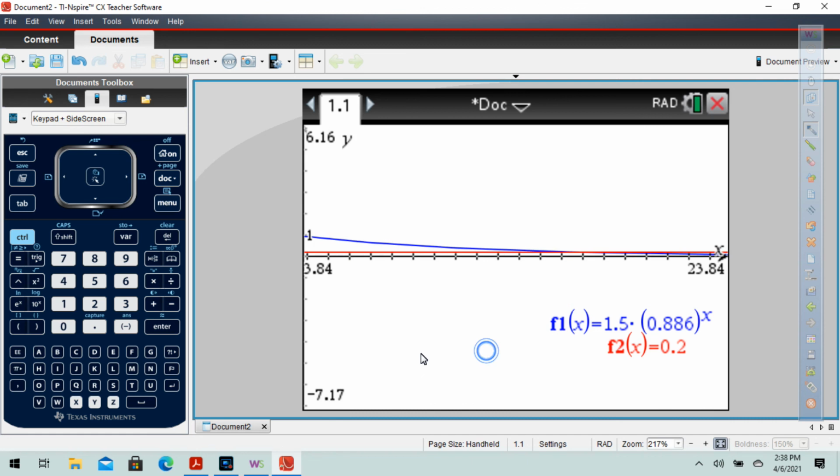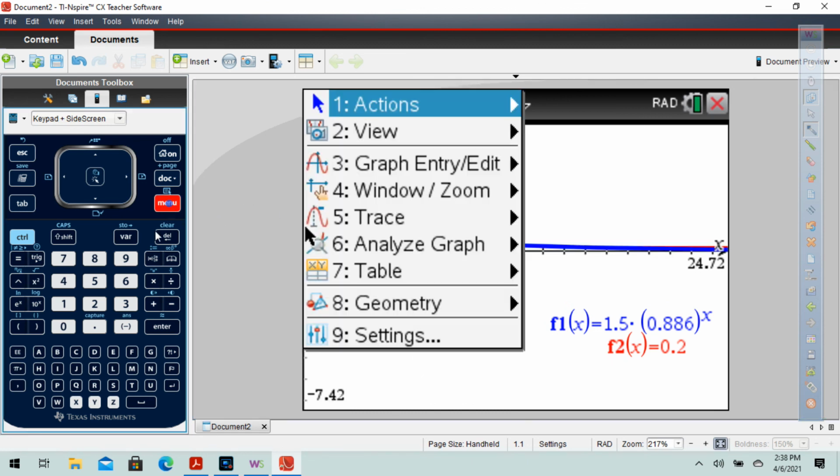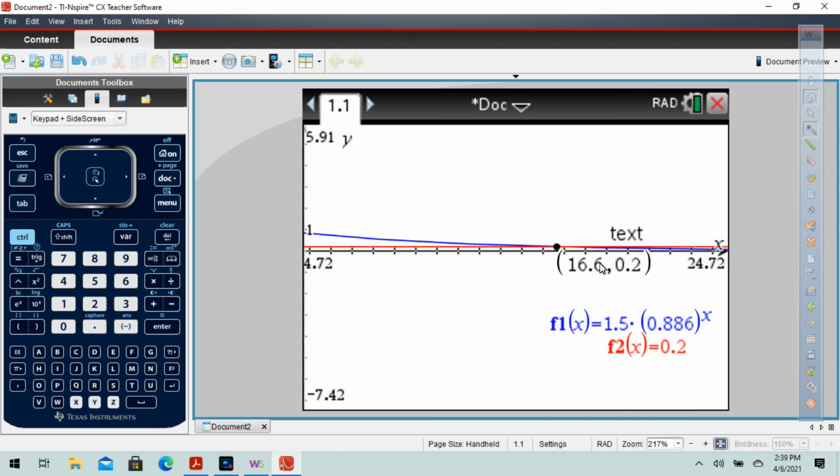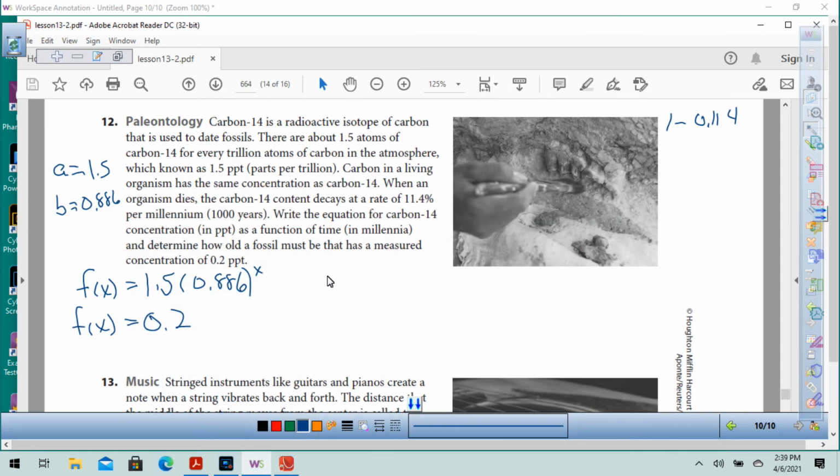And it must be in there somewhere. So we got menu 6, 4. It pops up at 16.6. Good. So x equals 16.65, to be a bit more precise. So the fossil is about 16,650 years old, or 16.65 millennia.